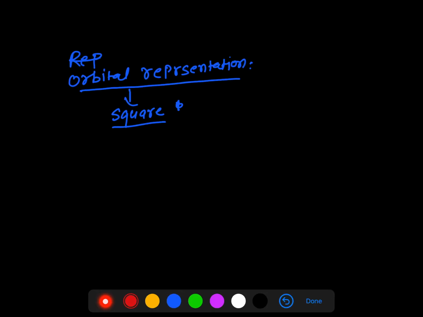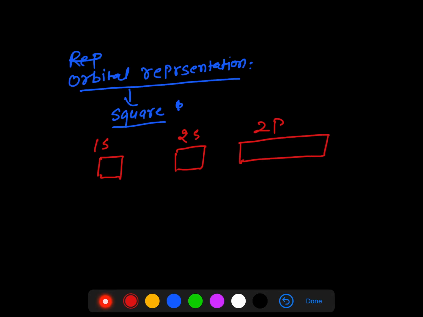So for example, 1s will be shown as 1 square, 2s will be shown as 1 square, because the s subshell has one orbital only. 1 square represents one orbital. 2p will have 3 orbitals, so this can be divided into 3 squares. This is one p orbital, another p orbital, another p orbital, right? Same way, 3s will have just one.